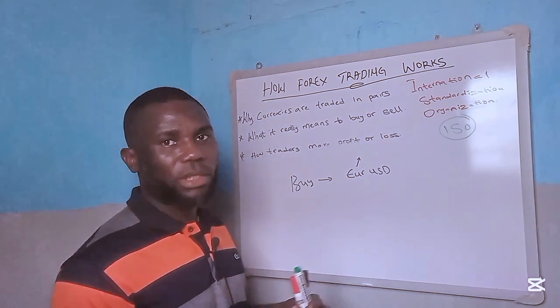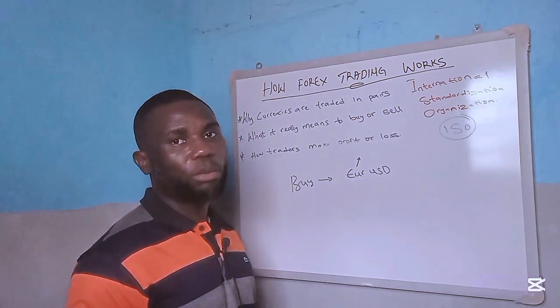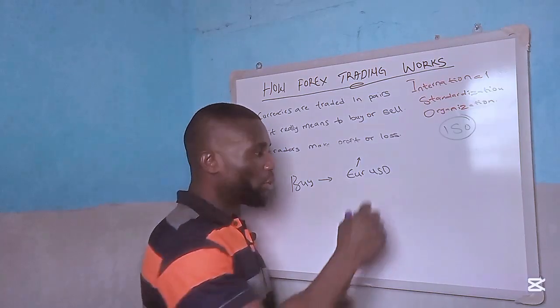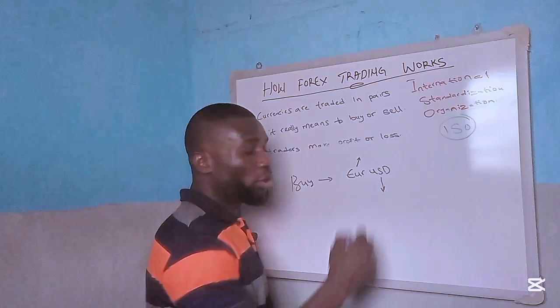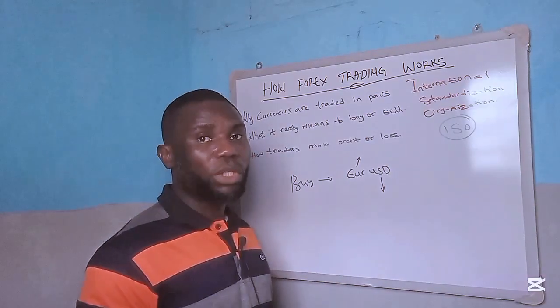Then remember, we said it has to be in comparison with one another. So when the Euro is going up, what do you think will happen to the USD? You are expecting the USD to come down. So that is what it means when you click buy.